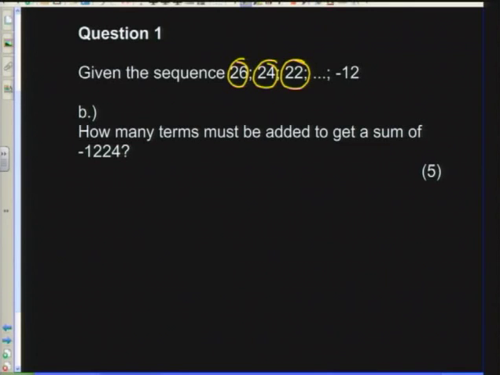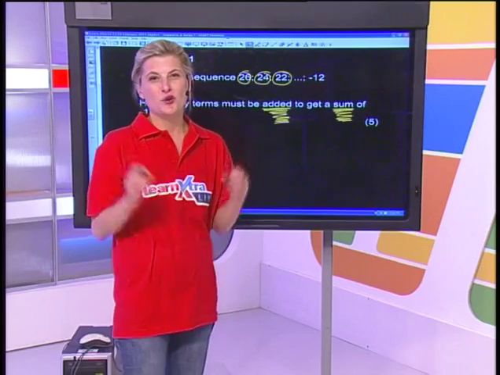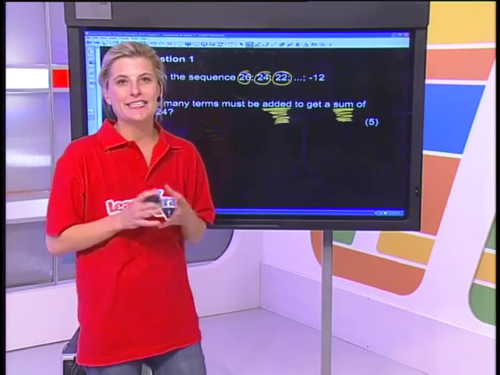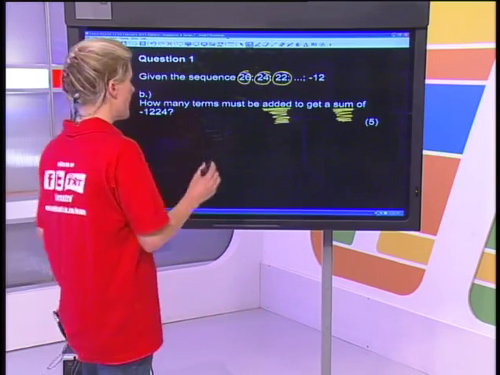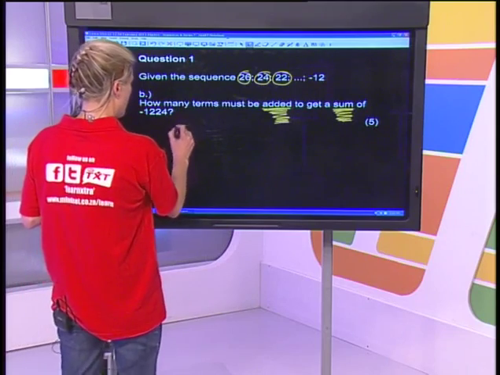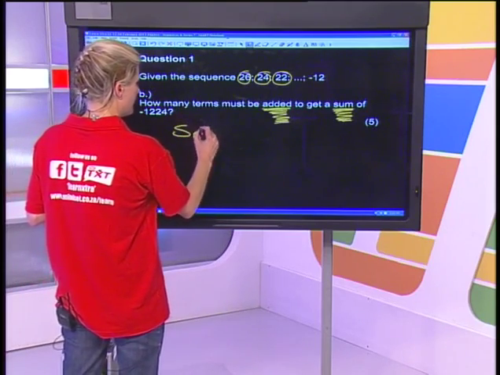And it now says, how many terms must be added to get a sum of minus 1,224? Now, guys, the words added and sum indicate to me that I will be using the sum formula. Please, it's still the same number pattern, so I'll be using the sum formula for an arithmetic. Let's write that down.